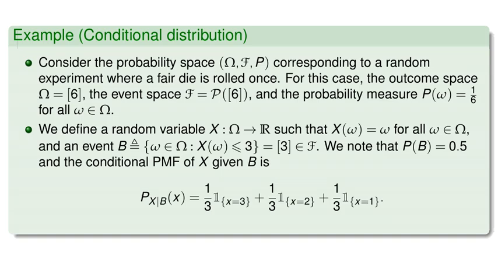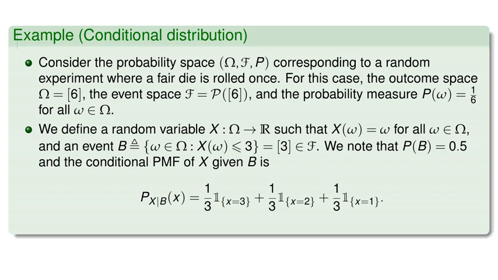Now let's define a random variable x mapping omega to the reals such that x of omega simply equals the outcome omega. Let's also define an event B as the set of outcomes where x is less than or equal to 3, which corresponds to the set 1, 2, 3.